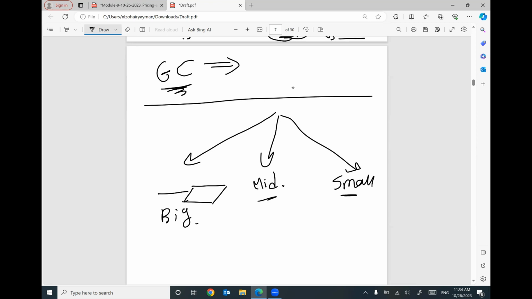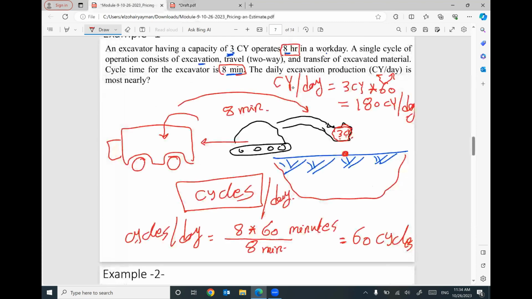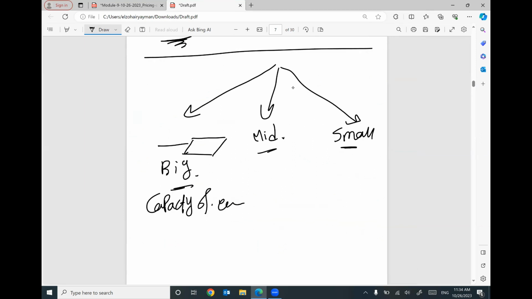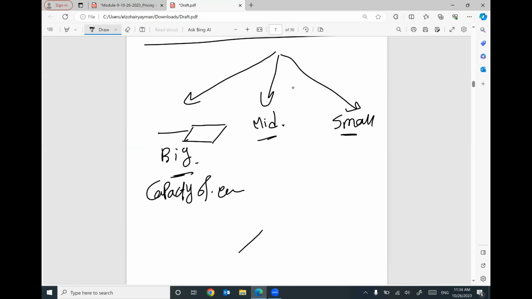Because each will have a different price. So you need to do some math. What is the capacity of each? The big excavator will have a very big spoon to excavate in one time. The medium will have a medium size.